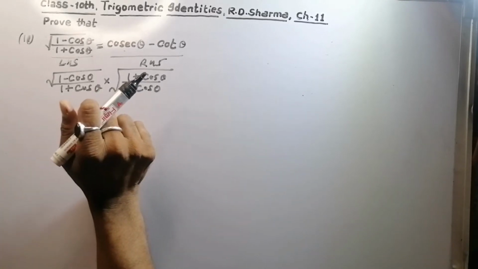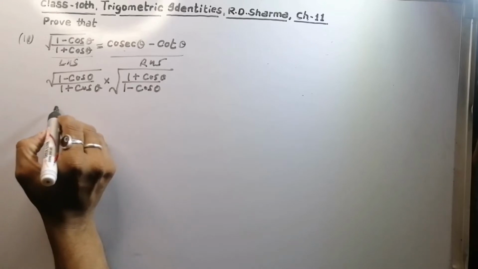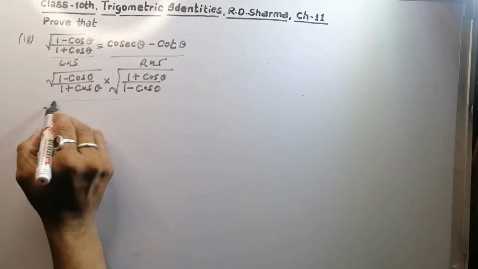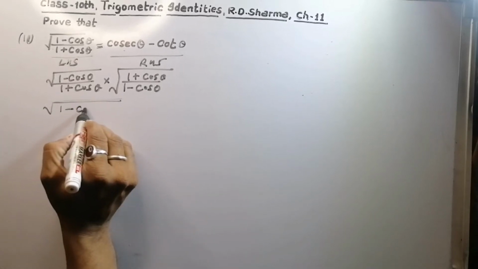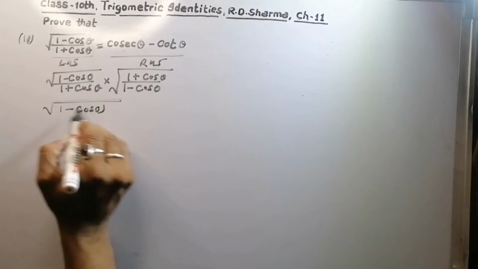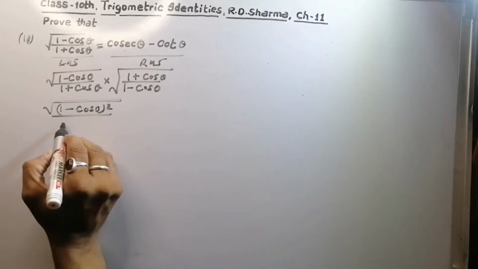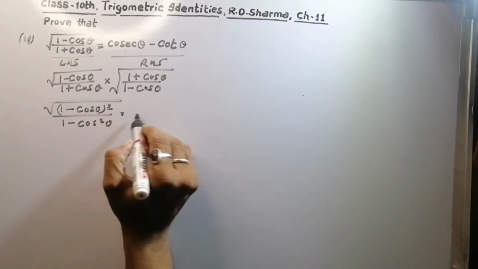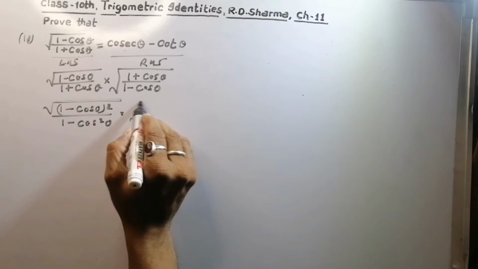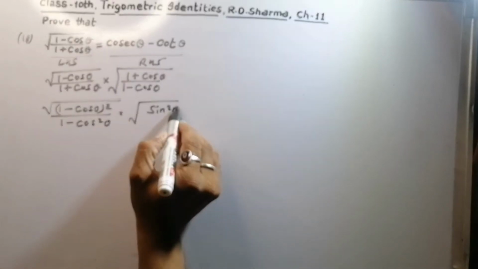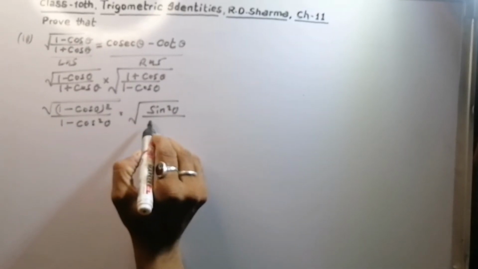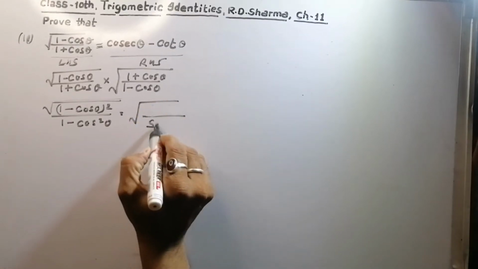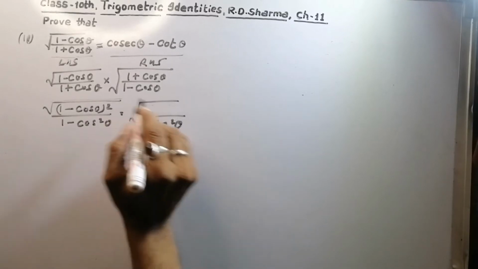We can write in place of it root of 1 minus cos theta whole square upon 1 minus cos square theta. So we can write here 1 minus cos theta whole square, and 1 minus cos square theta is equal to sin square theta.